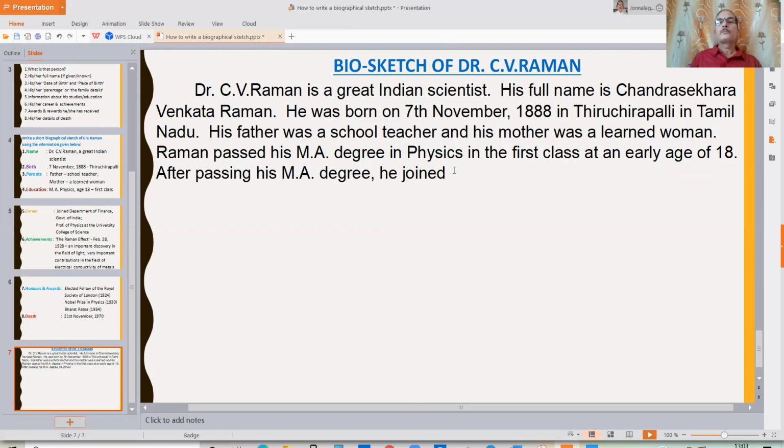Yes, the Department of Finance in the Government of India.